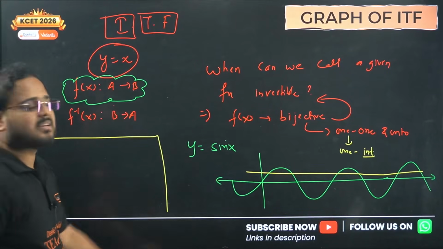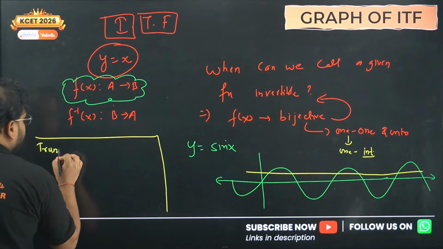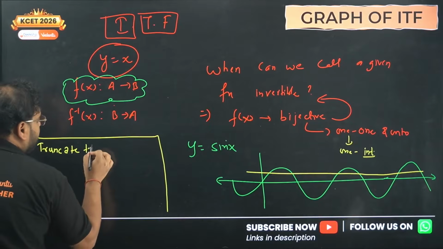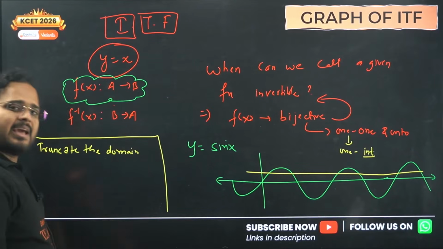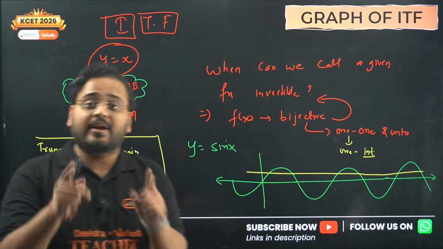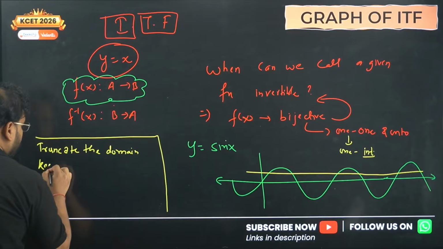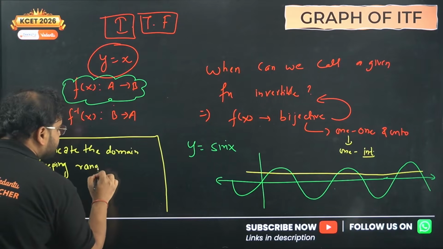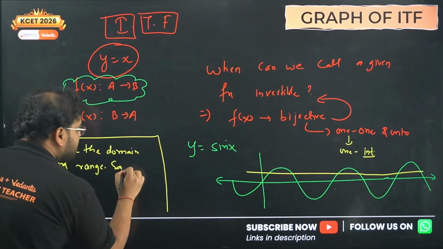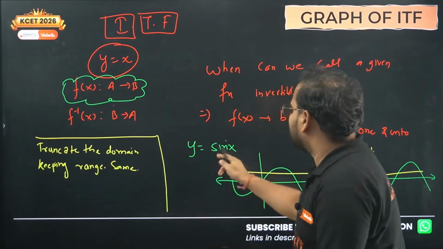Then what we actually do is something called truncating the domain. Can we truncate anyhow? No. Truncate the domain keeping the range the same, or constant. So without changing the range of the given function, sin x, what is the range here?